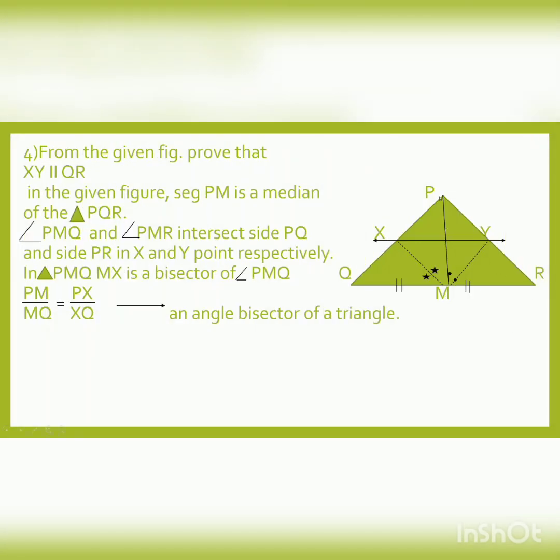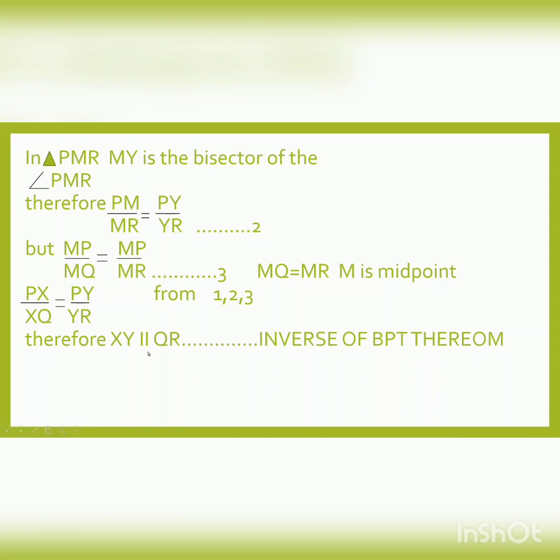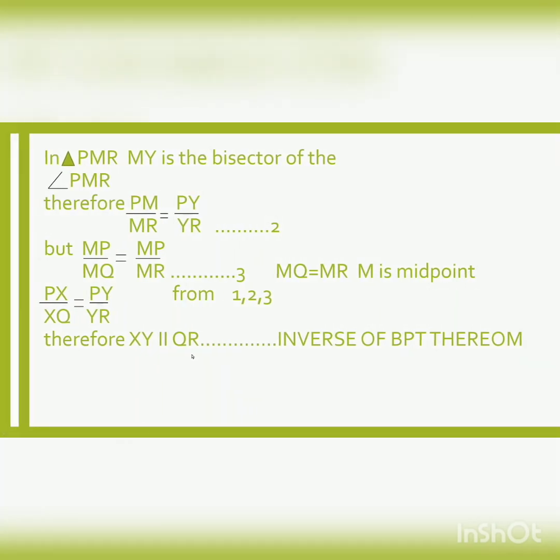If in the triangle the ratios of both sides are equal, then you can say therefore XY is parallel to QR.